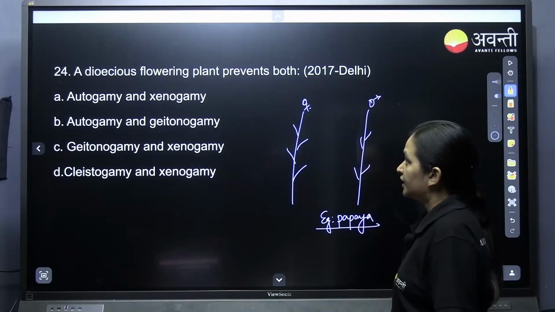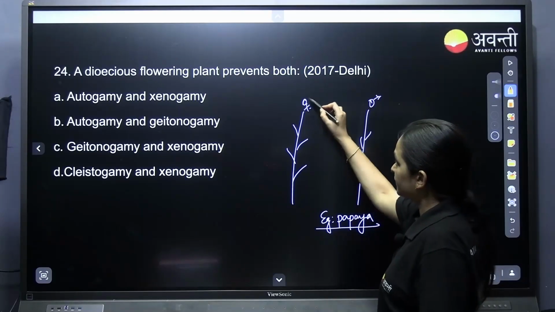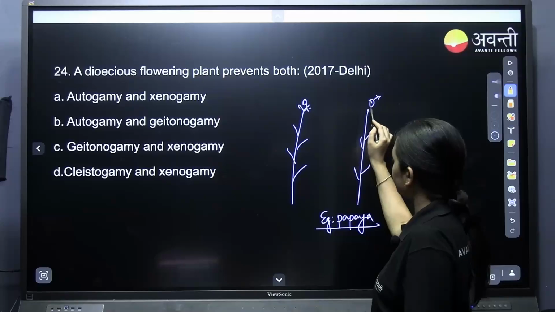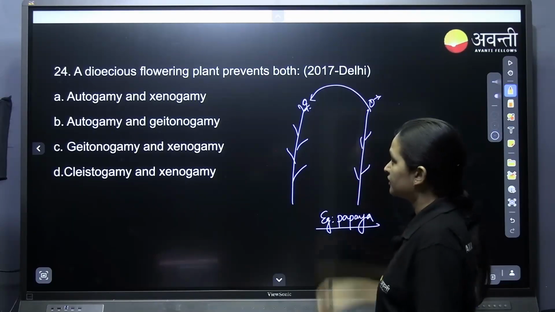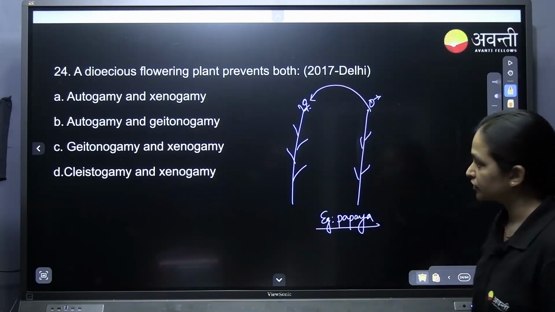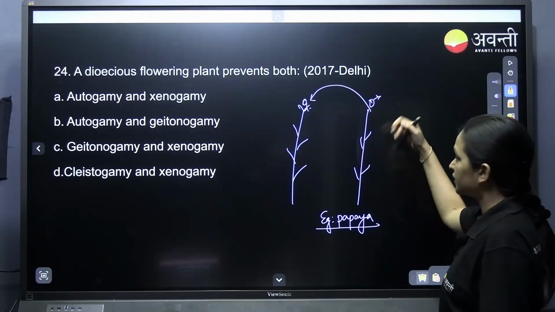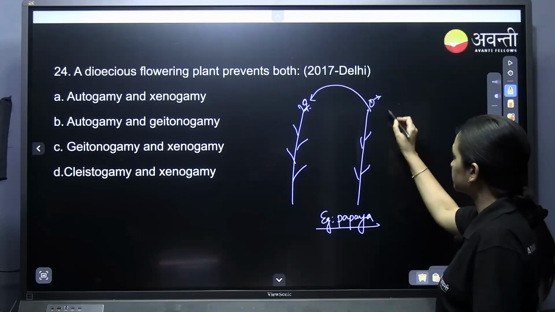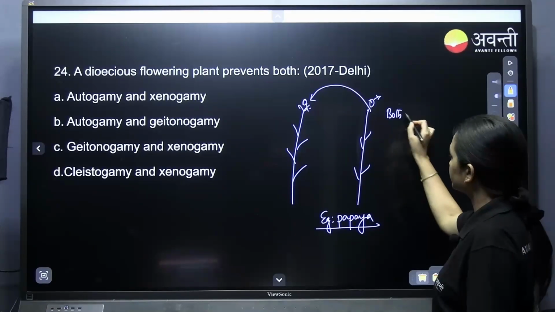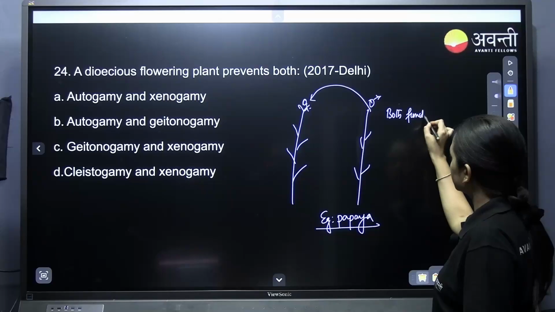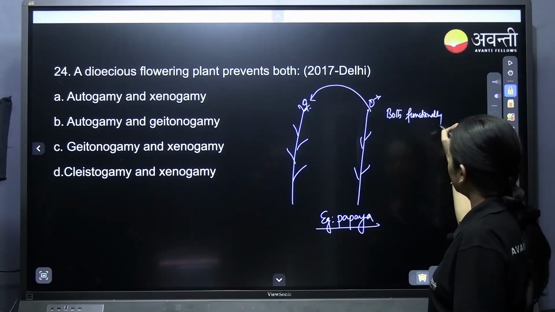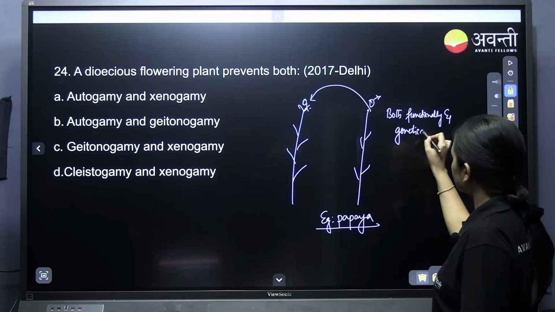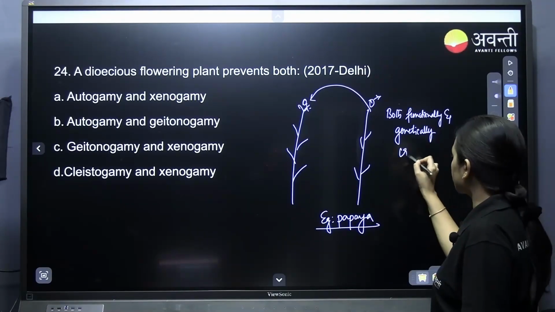So if this is a female plant and this is a male plant, pollen grains from here can go to a different plant. So it is functionally cross pollination and genetically cross pollination, both.